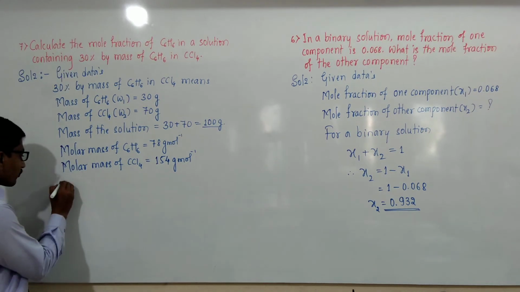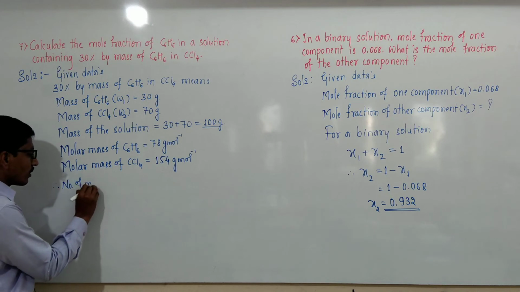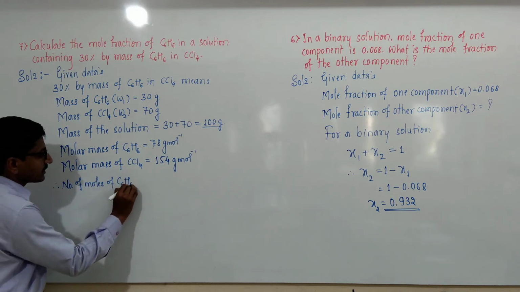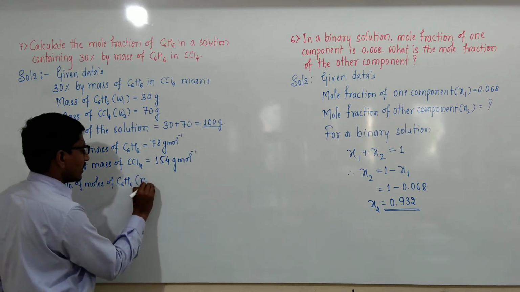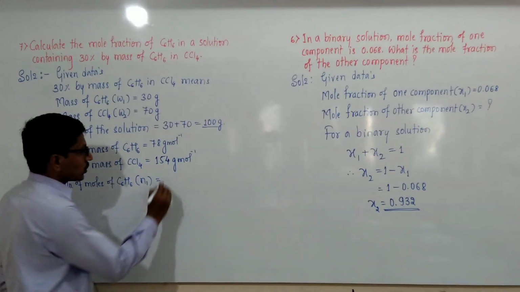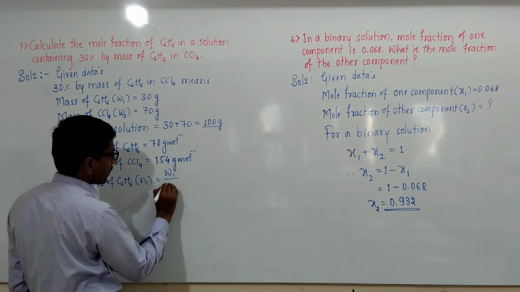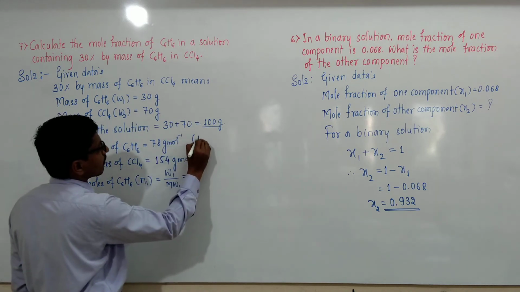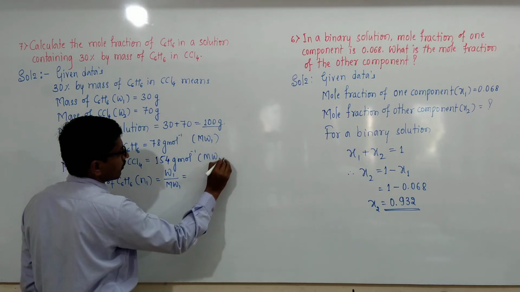Then we can calculate the number of moles of C6H6. This is considered as N1, equal to mass W1 divided by MW1. MW1 is this and MW2 is this.